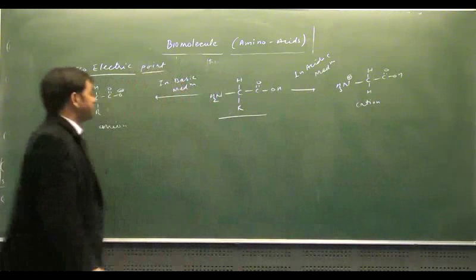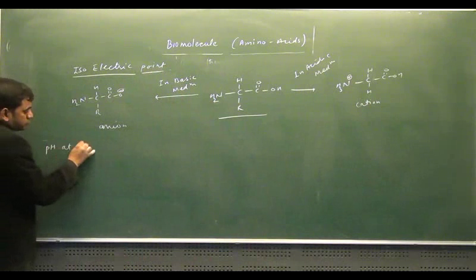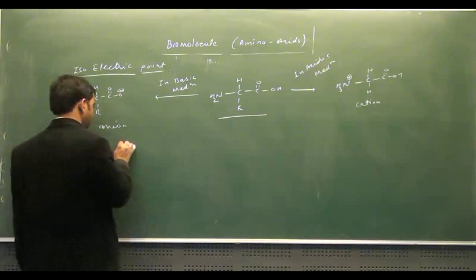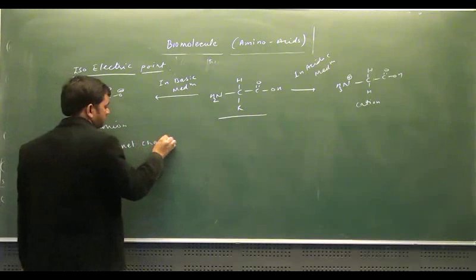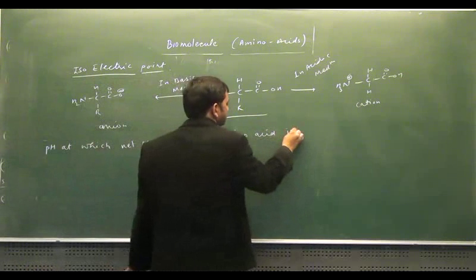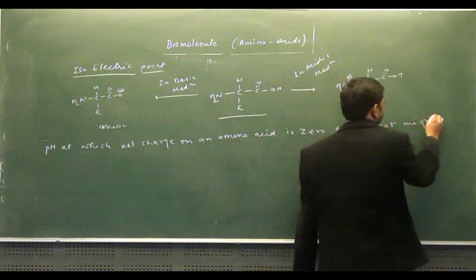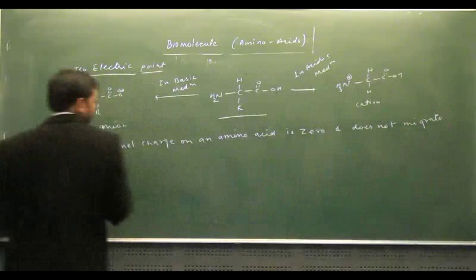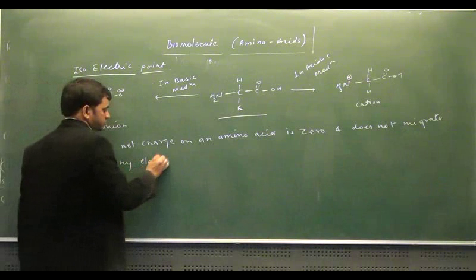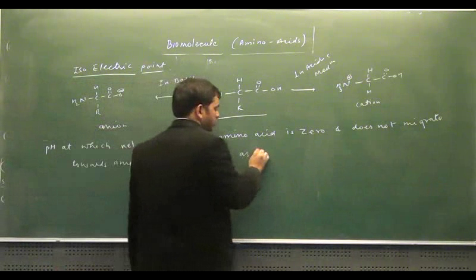The isoelectric point is the pH at which net charge on an amino acid is 0 and it does not migrate towards any electrode, is known as isoelectric point.